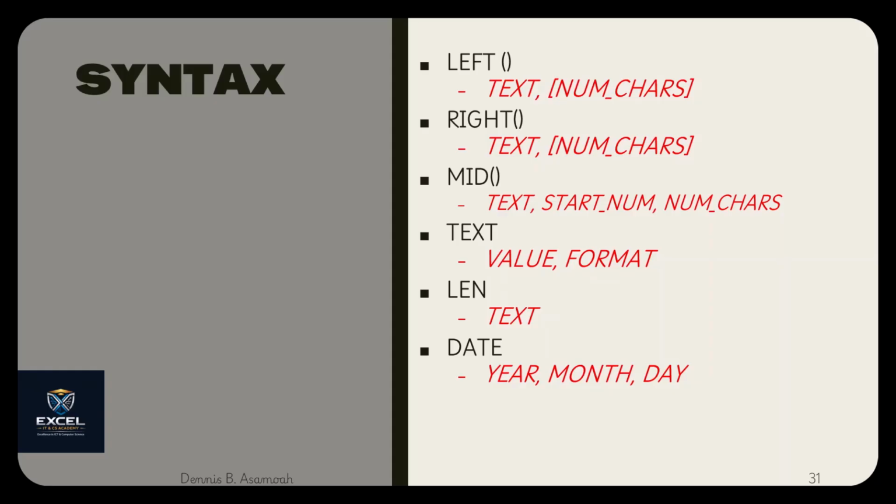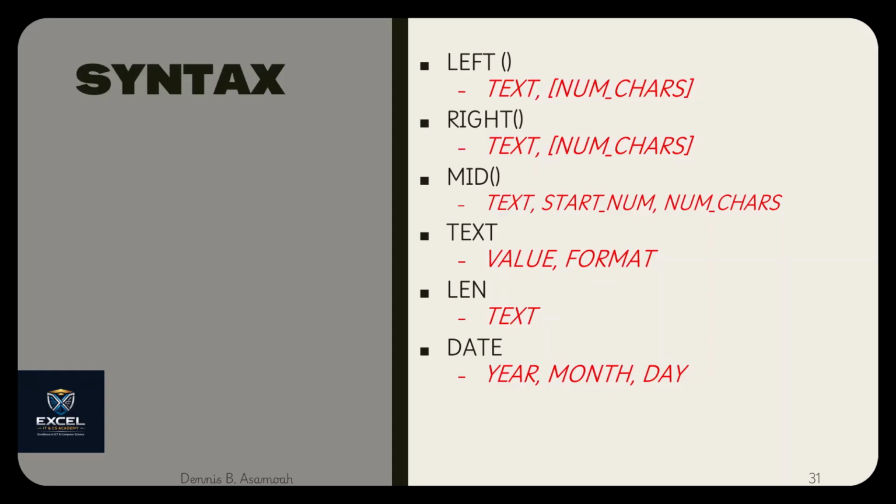The RIGHT function extracts characters from the right of a string. It also has the same parameters as the LEFT. If you ignore the number of characters, it also returns 1 from the right of a string that you are calling.